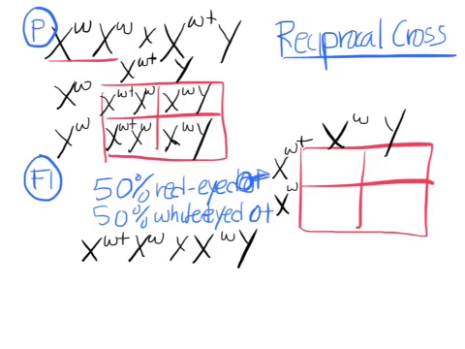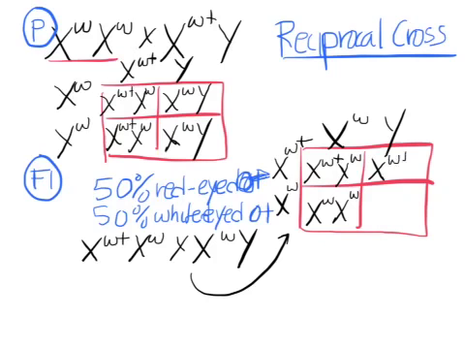So I've placed the parents from this cross onto our Punnett square. And so this would be a red-eyed female, this would be a white-eyed female. That's new, right? And then we'll get a red-eyed male and a white-eyed male.